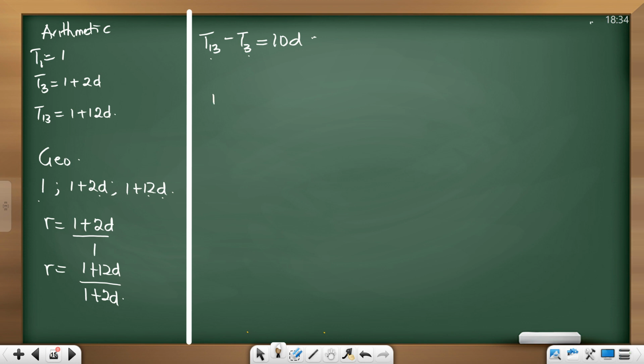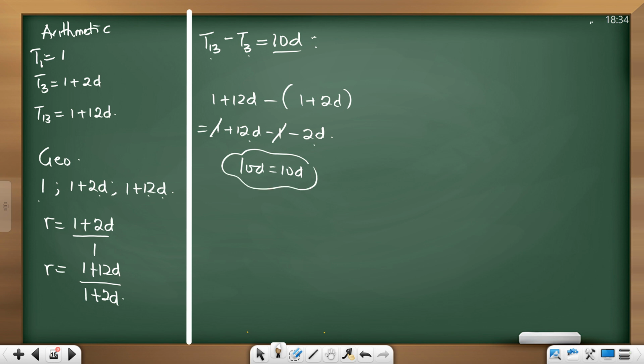What is my T13? 1 plus 12D, minus, what is my T3? Remember, you must put a bracket there. What are we going to get? 1 plus 12D minus 1 plus 2D. The 1 would go. What is 12D minus 2D? So you see, I'd have 10D equals 10D, which is not making any mathematical sense.